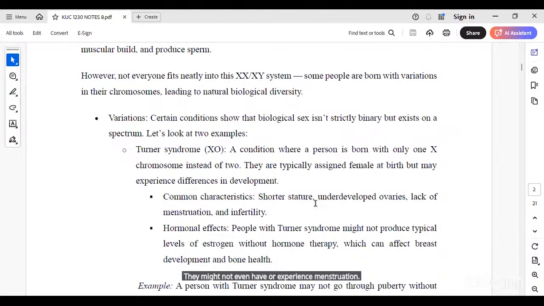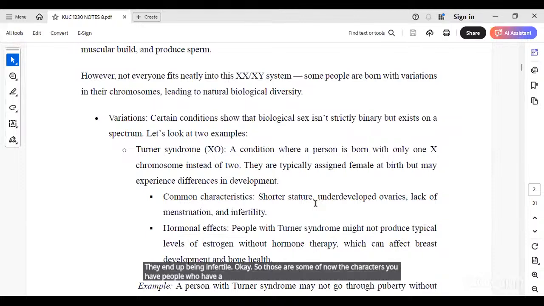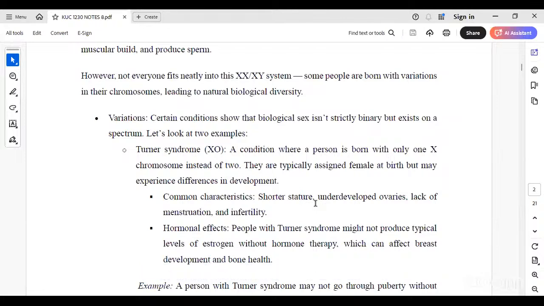Because of the underdeveloped ovaries, they end up being infertile. Okay? So those are some of now the characters. So you have people who have a chromosome, but not a complete set. Okay? But because they have the X chromosome, they are born with the female genitalia. But then they have some characteristics that come with the incompleteness of the number of chromosomes that they need to have.